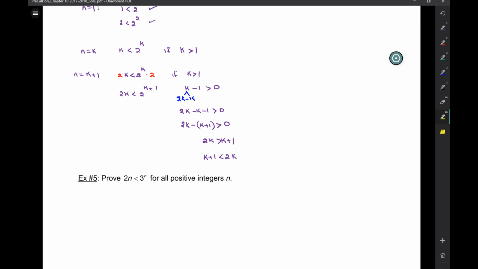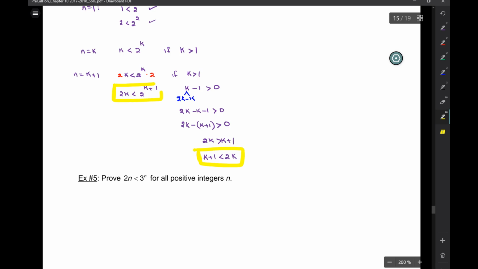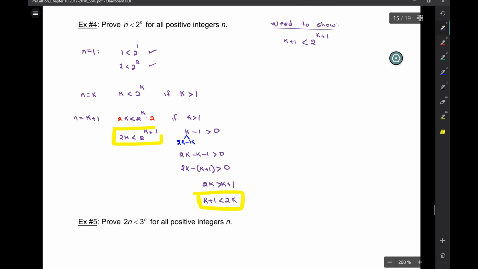So now take a look at what we have. I have this and I have this. Let's just write them together here, but I'm going to write the second one first. So what I have here is k plus 1 is less than 2k, and 2k is less than 2 to the k plus 1.